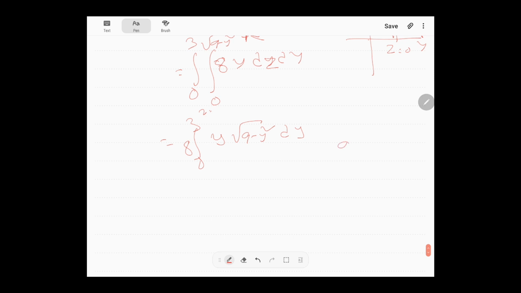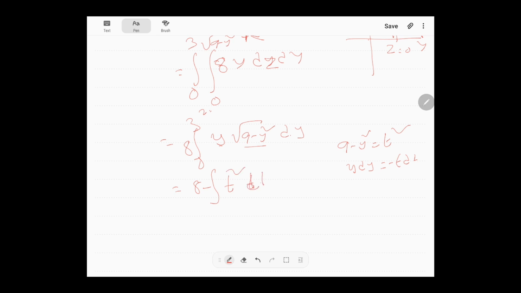If I substitute 9 minus y square equal to t square, then this will become 8 times the integral of the square root of 9 minus y square, that will be t, and minus 2y dy gives y dy equal to minus t dt. So minus y dy will be t dt.